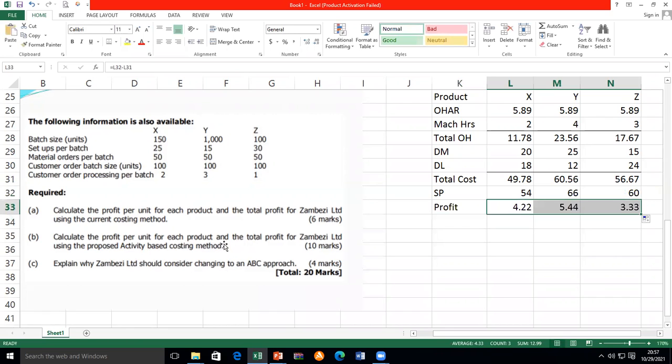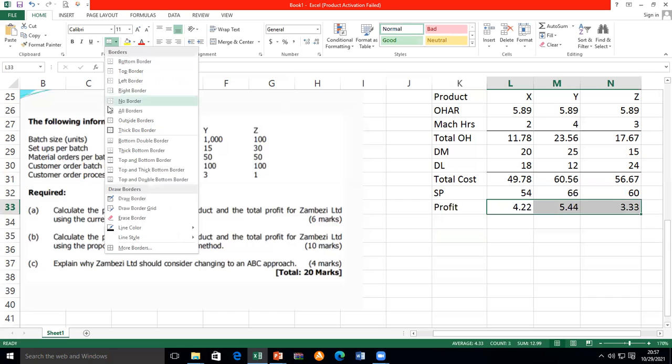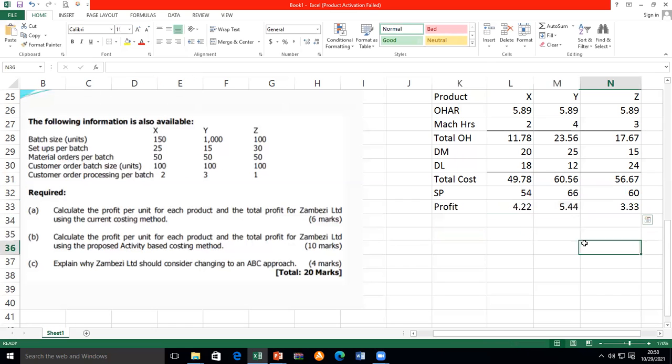Calculate the profit per unit and total profit for the company. They want us to also bring total profit for the company.